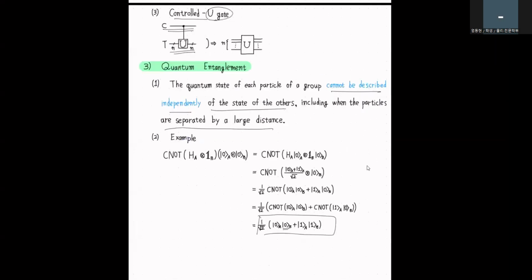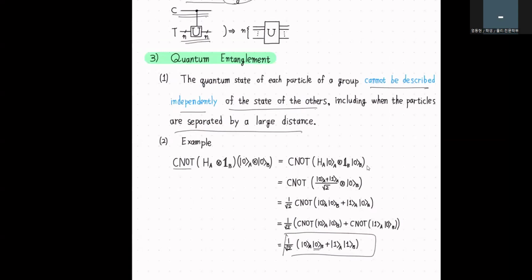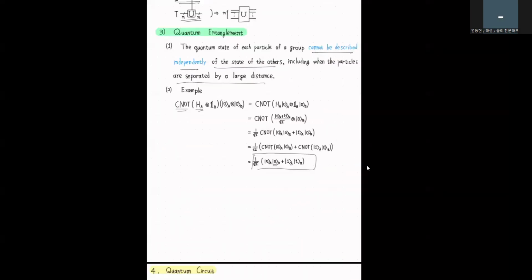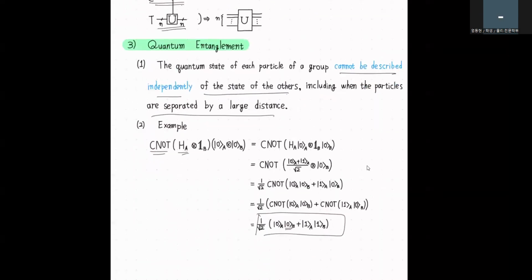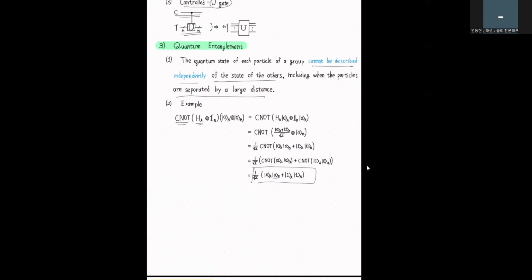And as you can see here, we use CNOT gates and Hadamard gates in order to generate these highly entangled states. And if you follow the algebra, which is not too difficult, you can see that is the case. Now, since this is a bit complicated, let me just draw the circuit diagram for you, which is much easier to remember.